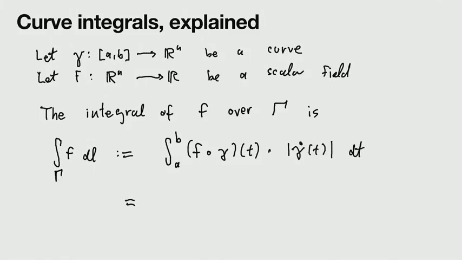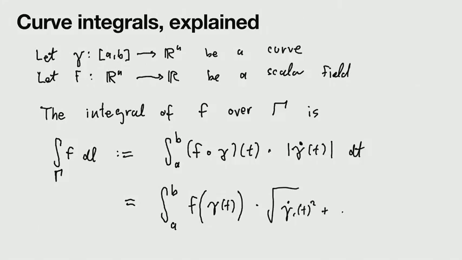To be very explicit, it's the integral from A to B of, let me write it completely, f of gamma t, and then times the square root. That is the definition of the speed. The square root of the derivative of gamma 1 t squared, and so on, we sum all this up to the derivative of gamma n t squared. So that is the definition of the curve integral.